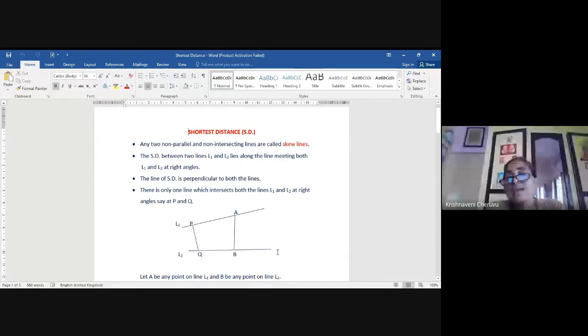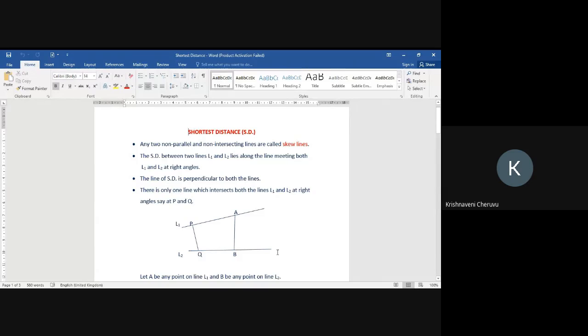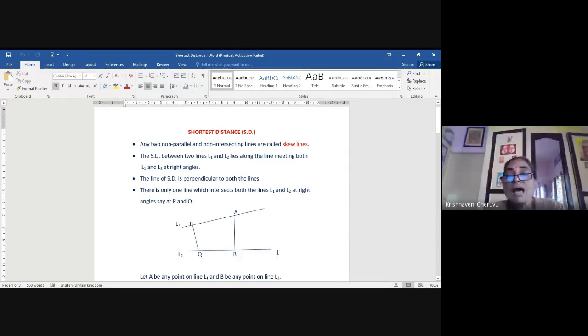The other day I told you that if they are not parallel and if they are intersecting, they are coplanar. Now here you have non-intersecting, non-parallel lines. Such lines only will be given to you, girls. These two lines are called skew lines.